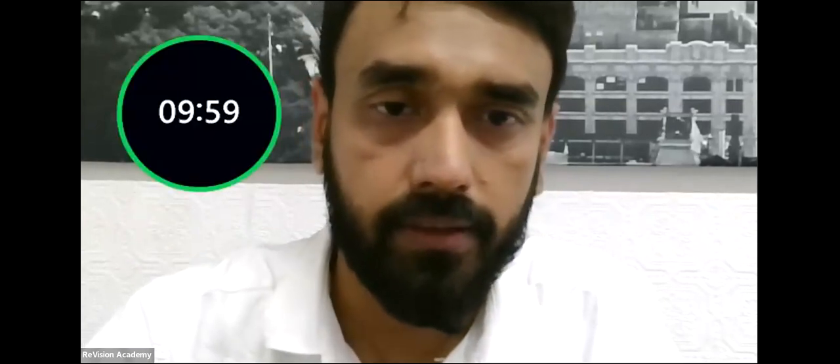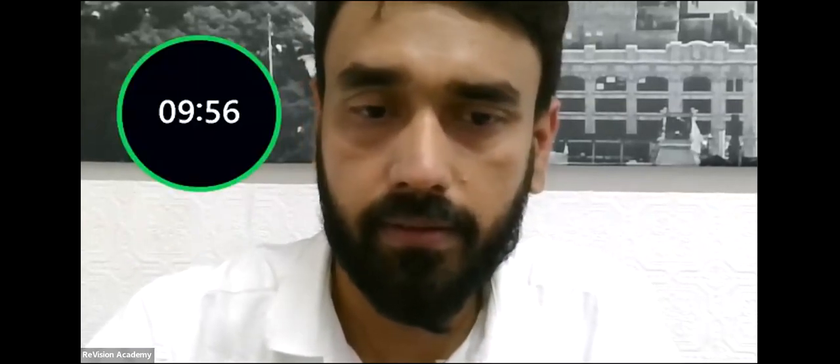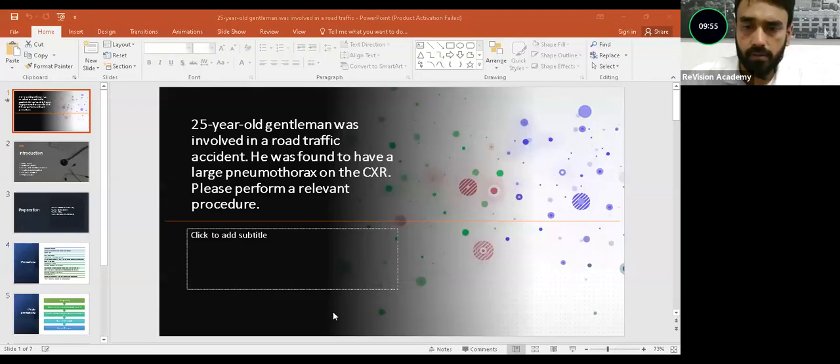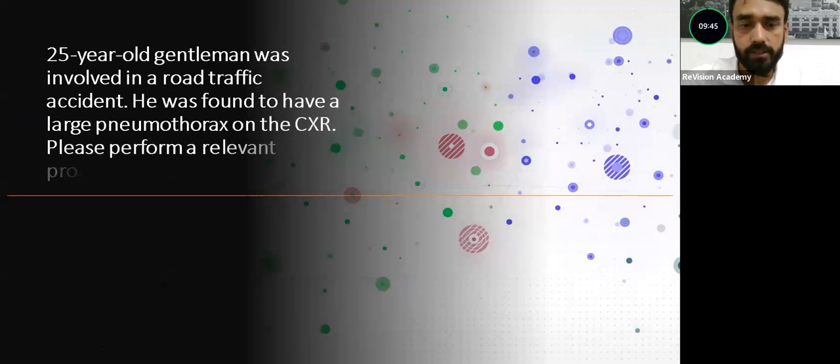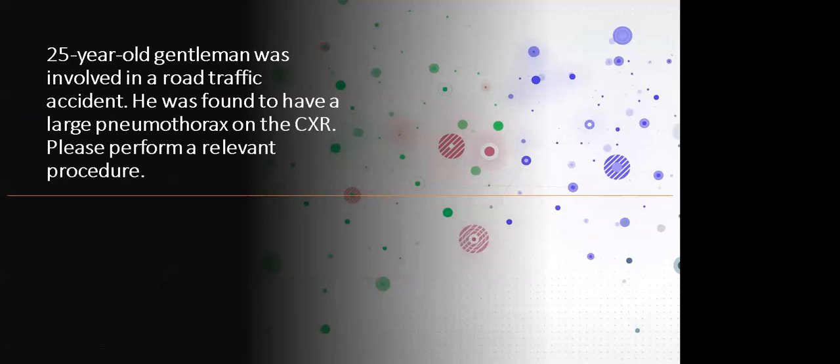So I'm sharing my screen for your scenario. Can you see the scenario? Yes. A 25-year-old gentleman was involved in a road traffic accident. He was found to have a large pneumothorax on chest X-ray. Please perform a relevant procedure.